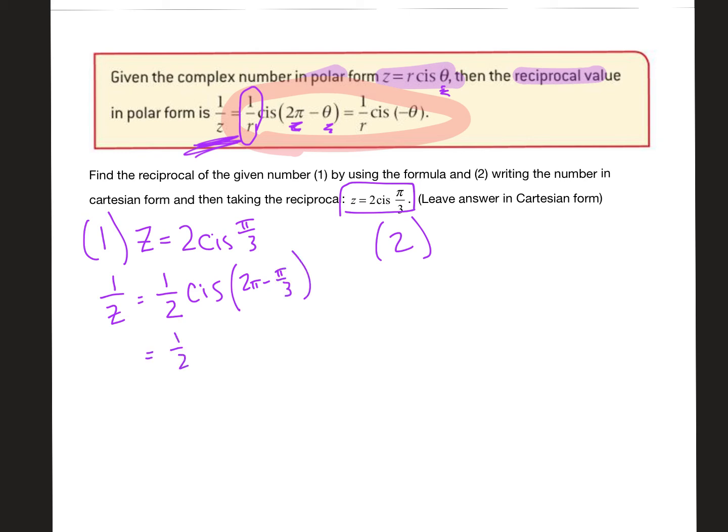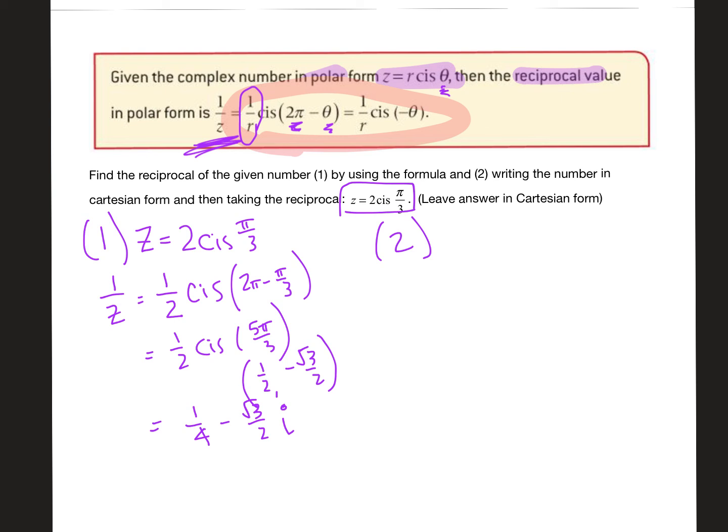So that's 1/2 (cosine + i sine) of 5 pi over 3. That ordered pair is 1/2, negative rad 3 over 2. And then don't forget, if you expand this out, you have to distribute the 1/2. So you get 1/4 minus rad 3 over 4 i.